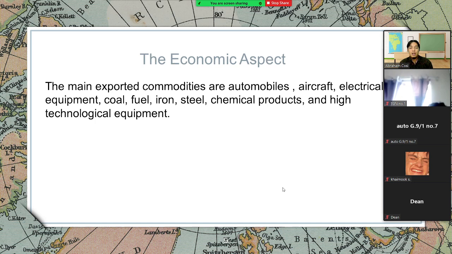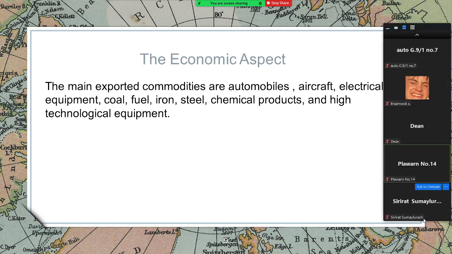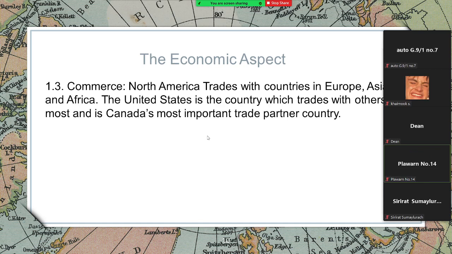The main exports are automobiles, aircraft, electrical equipment, coal, fuel, iron, steel, chemical products, and other high technological equipment. So that is for the industrial aspect.